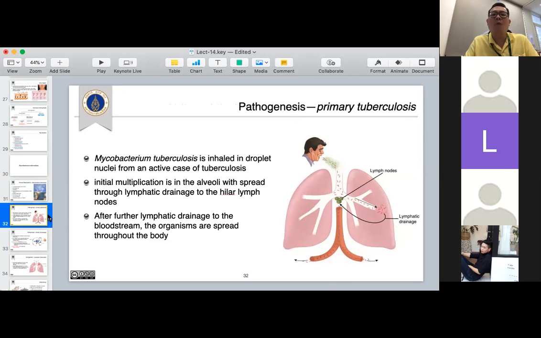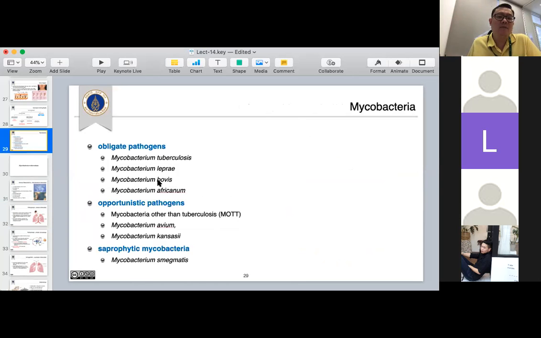So I will avoid going into the detail because it takes an hour to explain the mechanisms. The interesting point is that the bacteria are transmitted from person to person. Tuberculosis occurs in humans and in cows. Cows also get tuberculosis, from Mycobacterium bovis, this one.